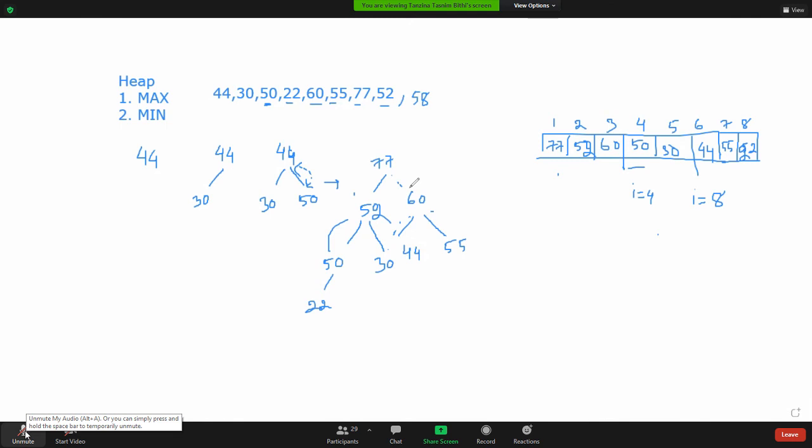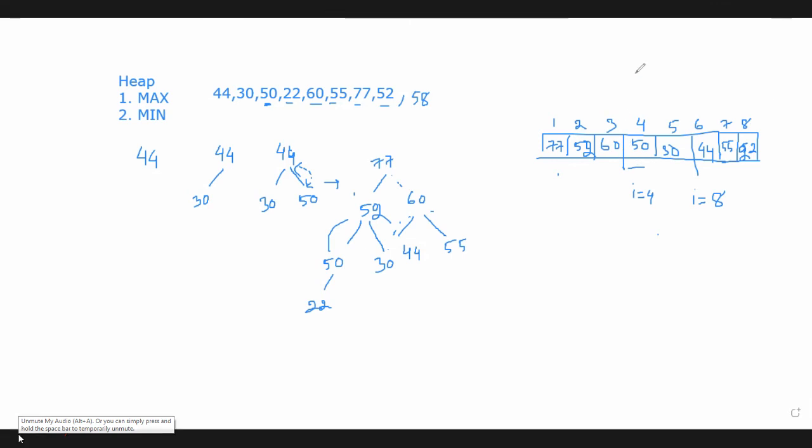This is the existing tree, and all the nodes are stored in an array. This is our array now. And what is the size of this array? N. And here n equals 8, isn't it? So now if we want to add another node, where will we add it? Obviously in the right subtree of 50. So suppose that node is 58.